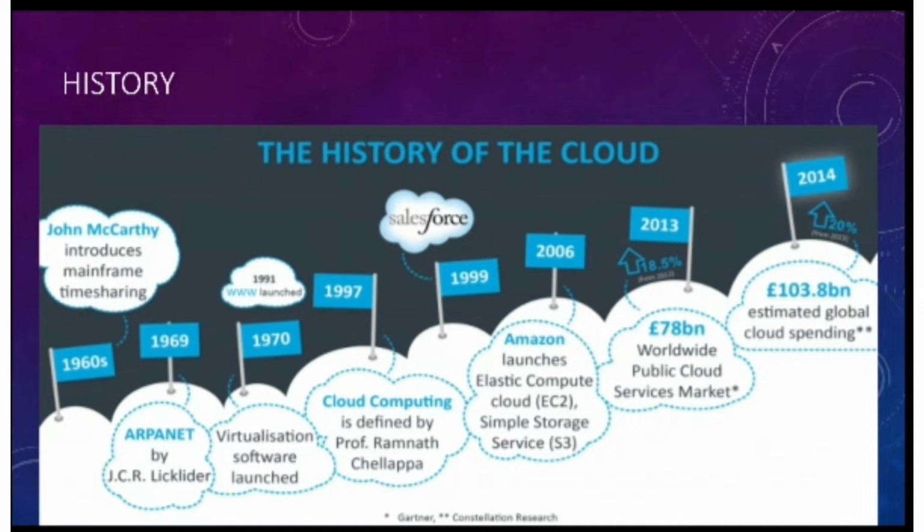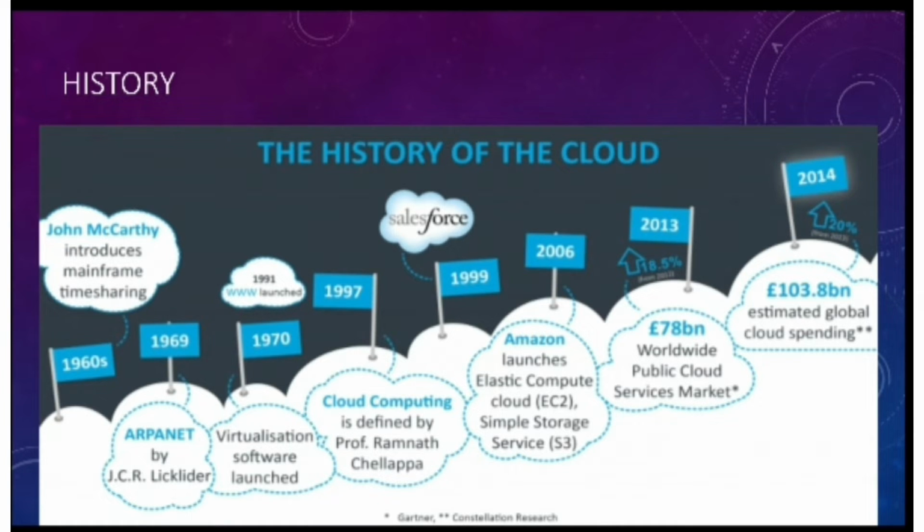And in the years until 2006, many transitions happened and Amazon launched Elastic Compute Cloud EC2 and Simple Storage Service. In 2013, 78 billion euros were invested in the worldwide public services market. And in 2014, $103 billion were invested.